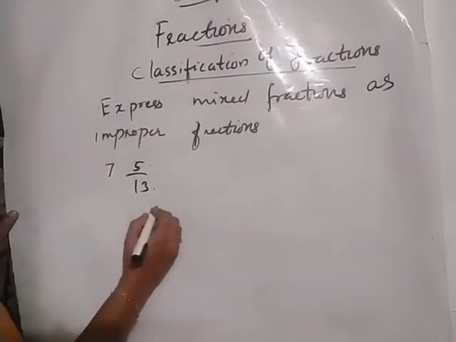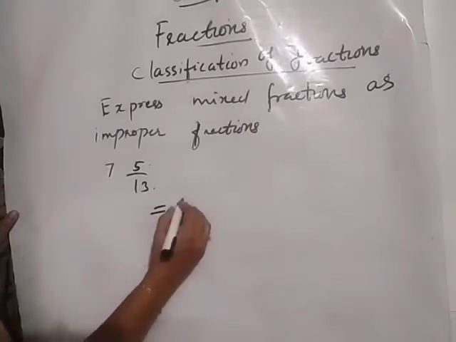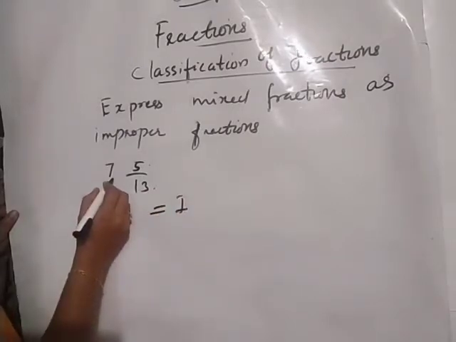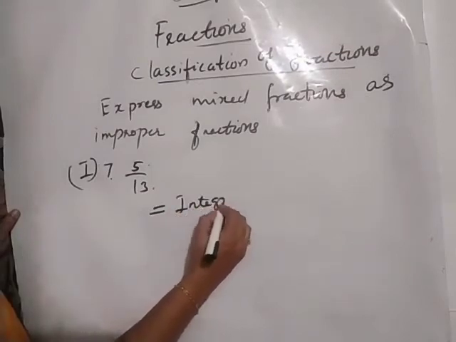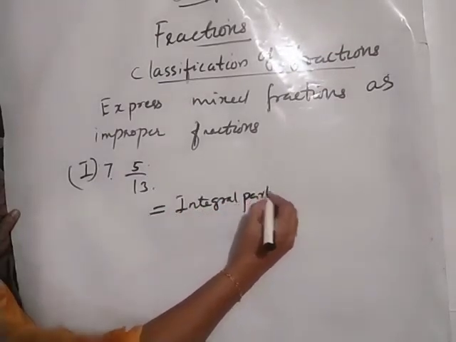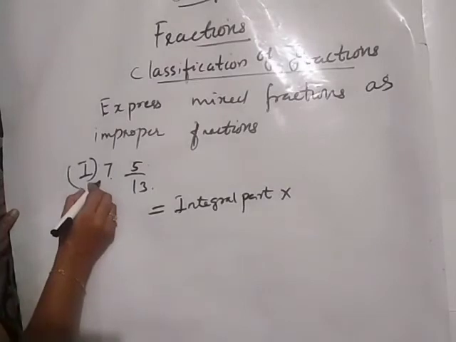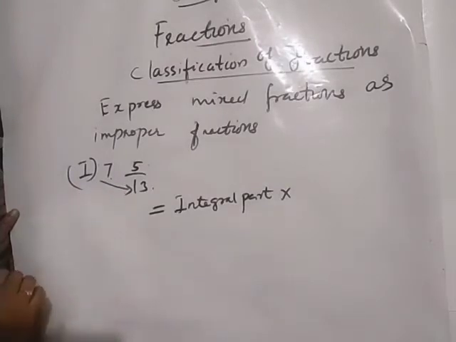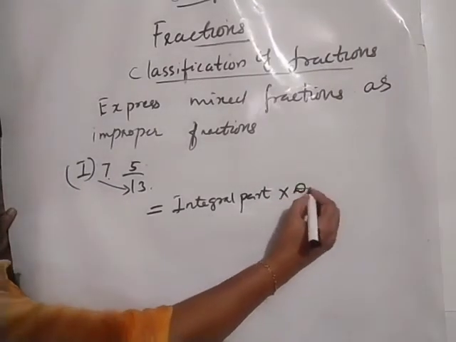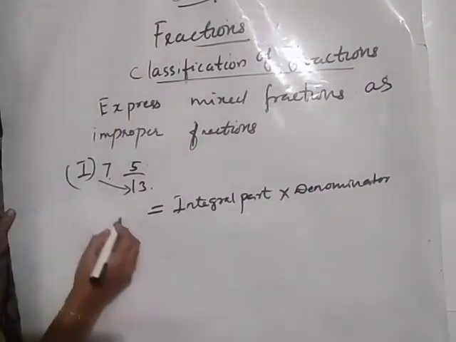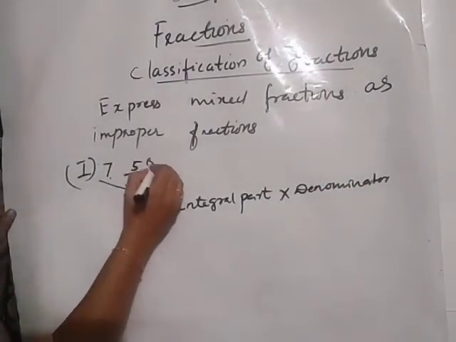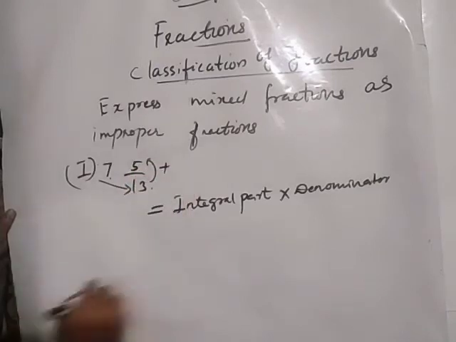First we have to take the integral part. This is the integral part, no? Multiply this integral part by the denominator. Then we have to add the numerator.